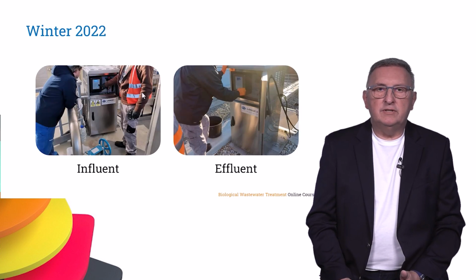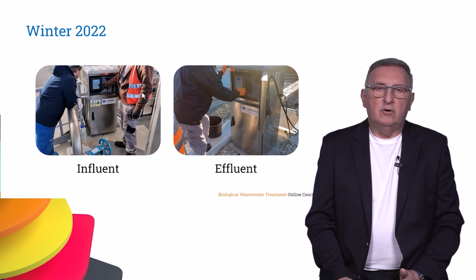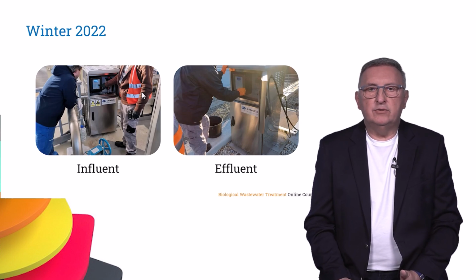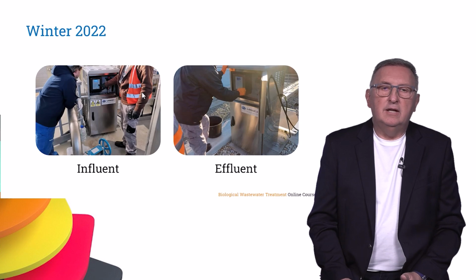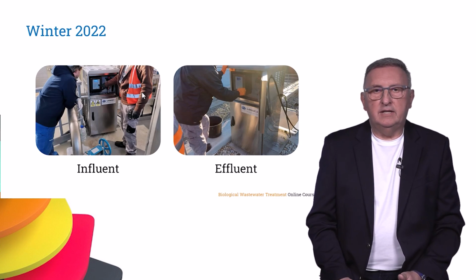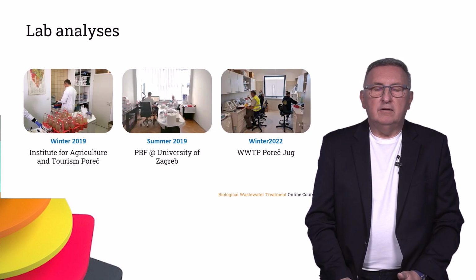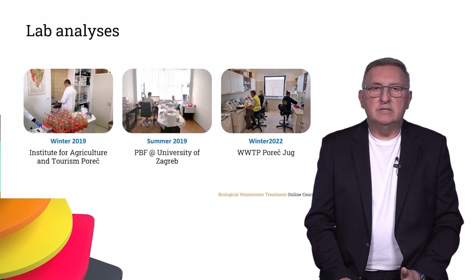In the winter of 2022, we did this exercise at the treatment plants, and all 4 wastewater treatment plants have their own sampling machines as a part of the project. These machines were installed at the location of influent and effluent of each wastewater treatment plant. We collected, as I said, many samples. More than 10,000 analyses were done, and almost 1,000 samples.